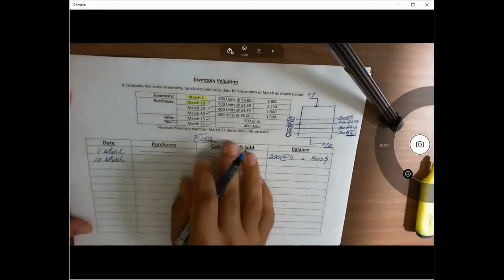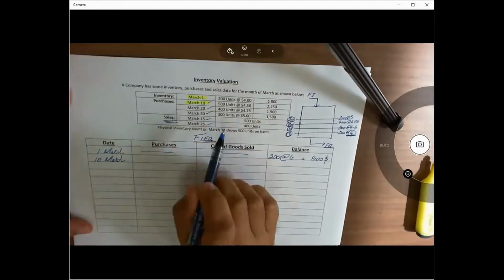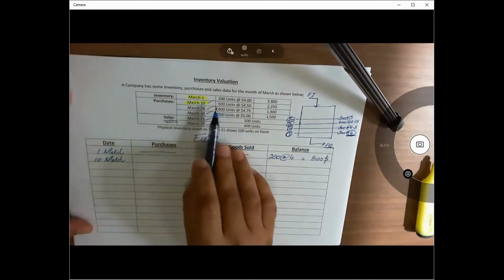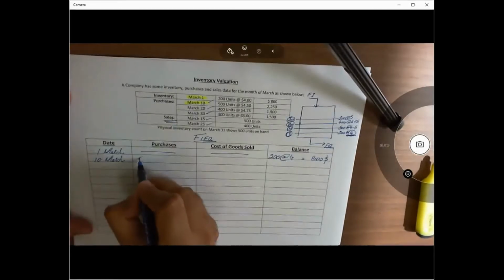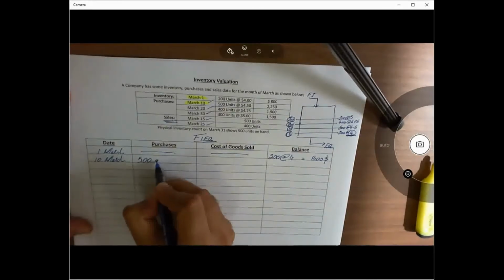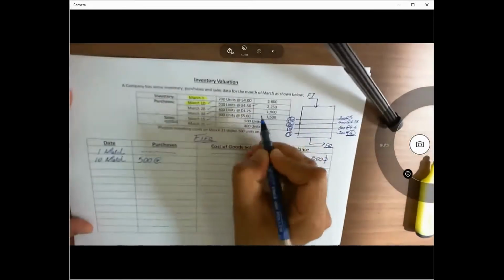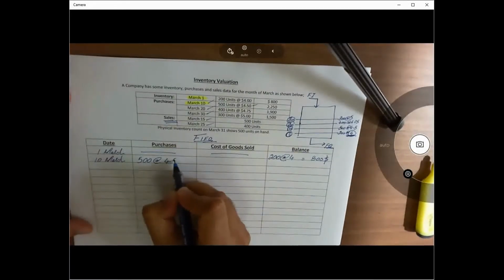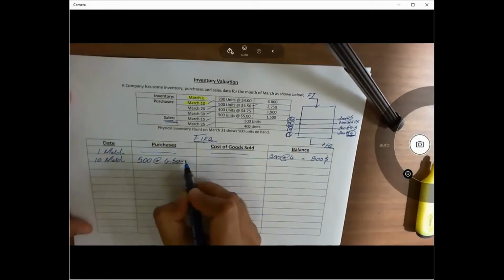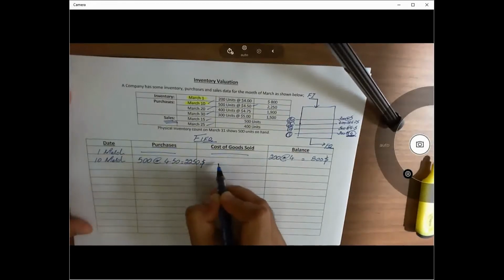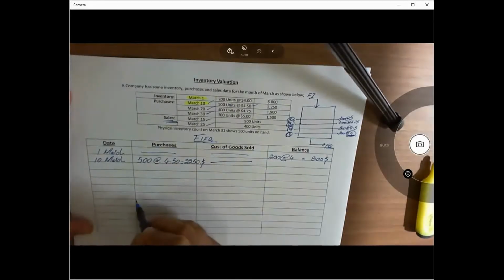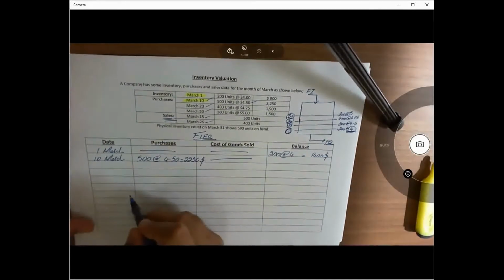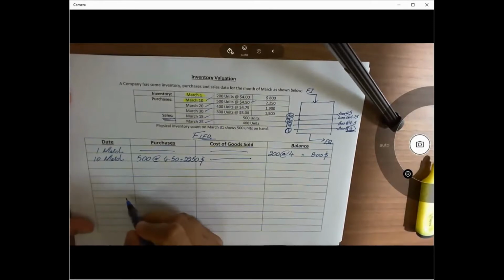Are we selling something? On 10th of March, you can see that we are purchasing 500 units. So we will write over here purchase of 500 units at the price of 4.50. What is the total amount? The total amount ends up to be $2,250. No sales in this period, which means that we have to put all the inventory in our storeroom.